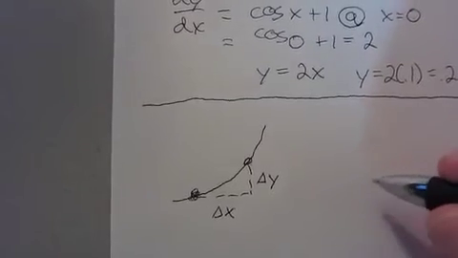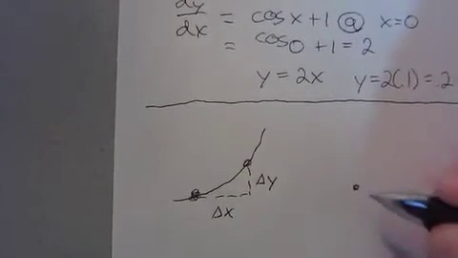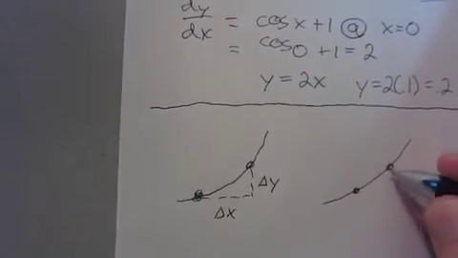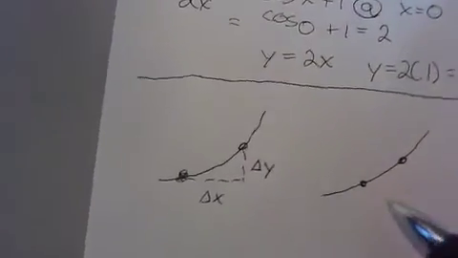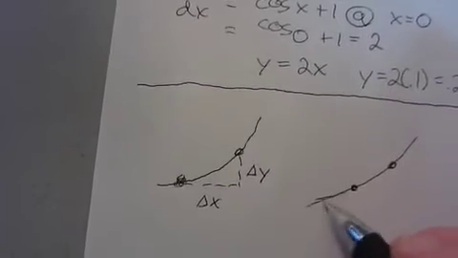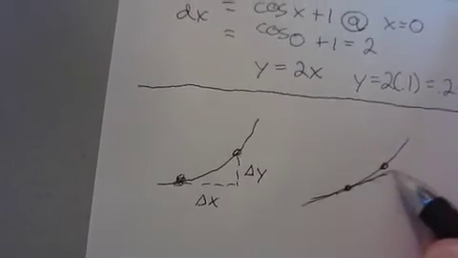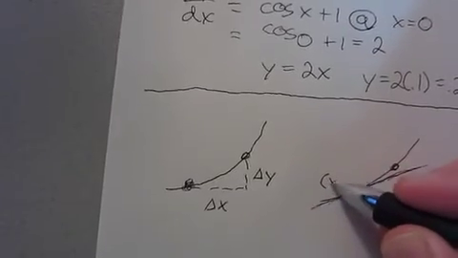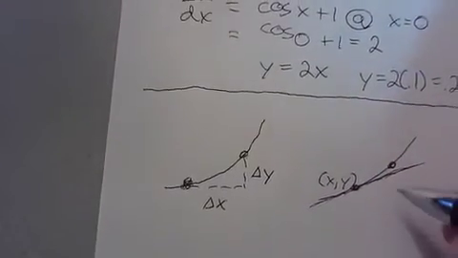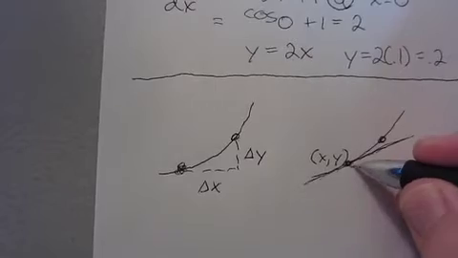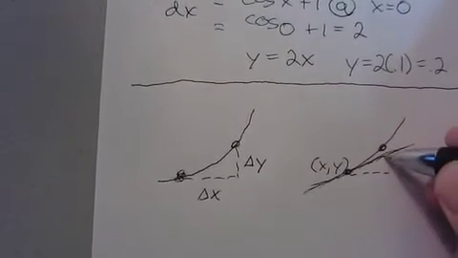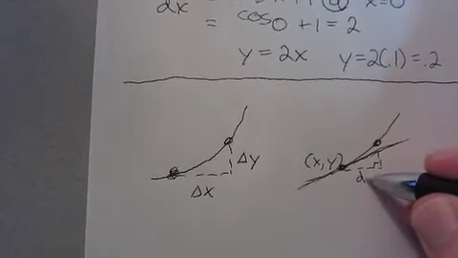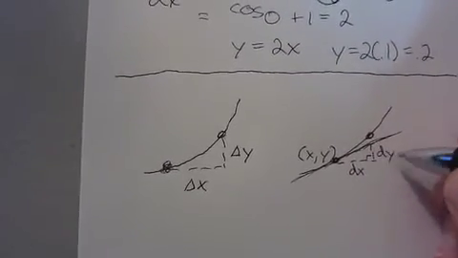The new slope has to do with a very similar graph, but now, sorry about that, we're going to project a tangent line from the point x comma y, and the slope of that tangent line is given by dy and dx.